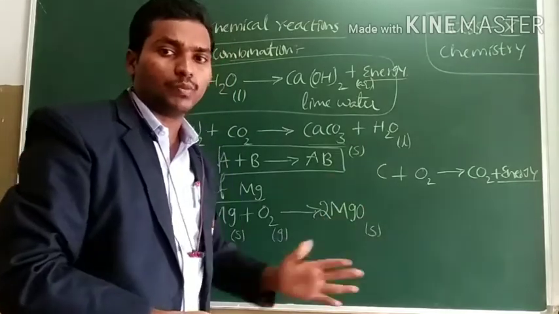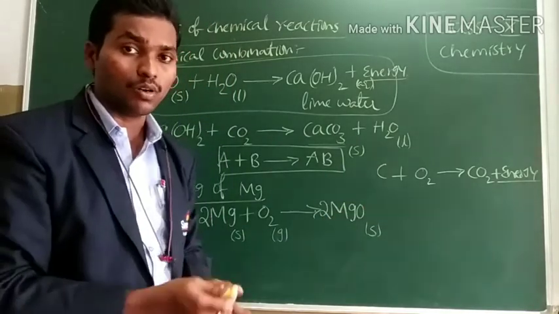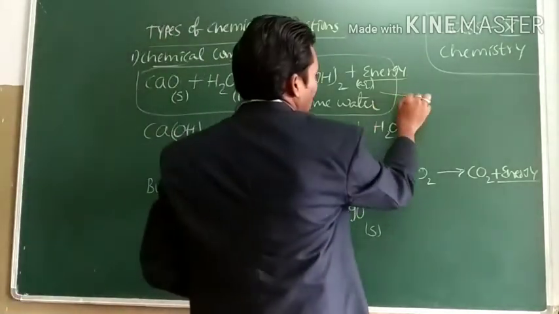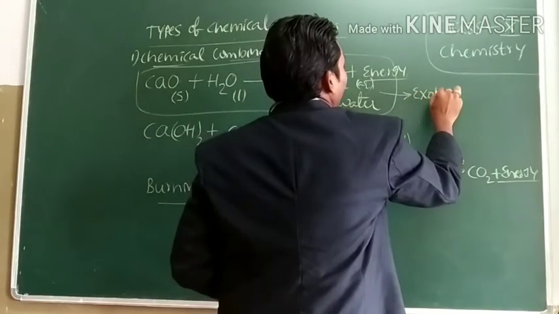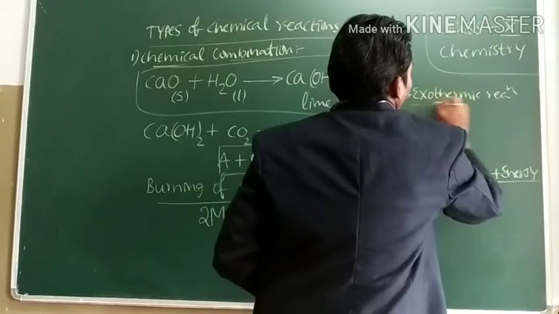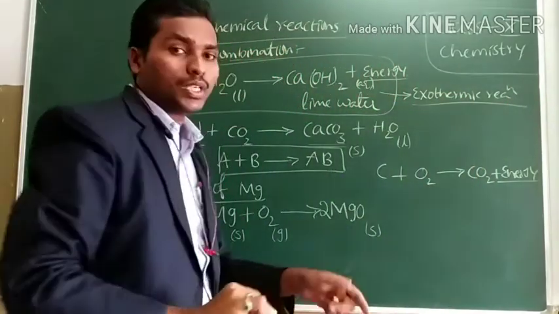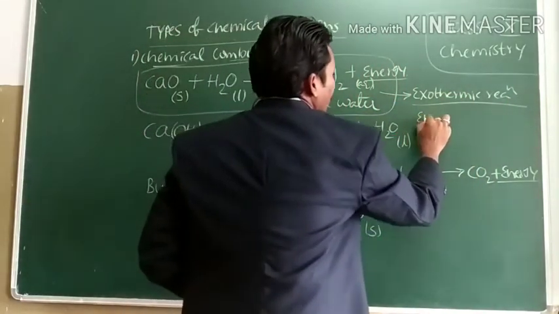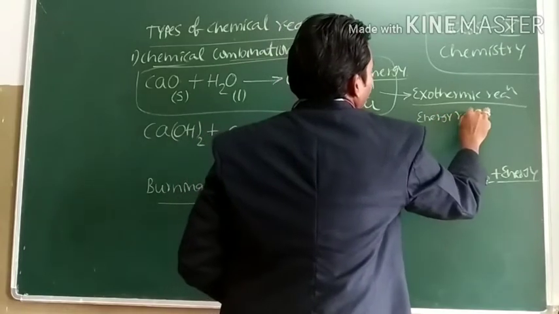Such reactions, in which energy is liberated during a chemical reaction, are called exothermic reactions. It is an exothermic reaction. Exothermic reaction means during the chemical reaction, energy is liberated or released.